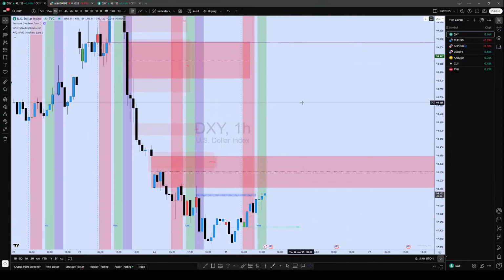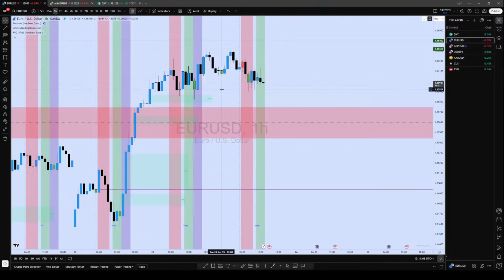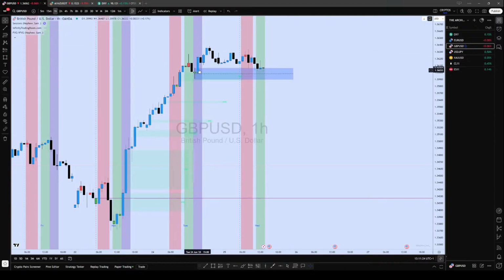If that happens, you're going to turn over to euro, and you're going to start looking for reasons for price to continue going higher. I think between euro and pound, both of them can go up today, especially pound. I'm interested in pound moving away from here to continue going up.